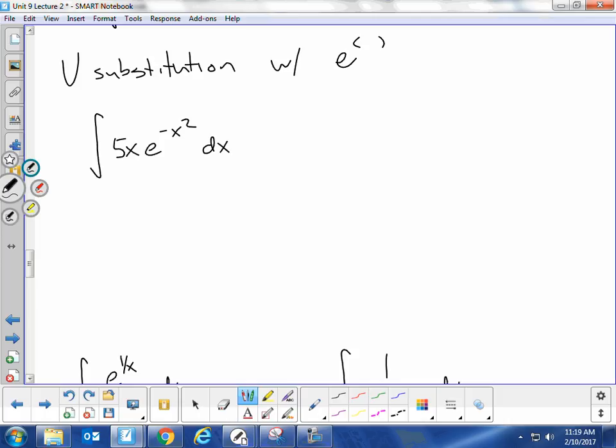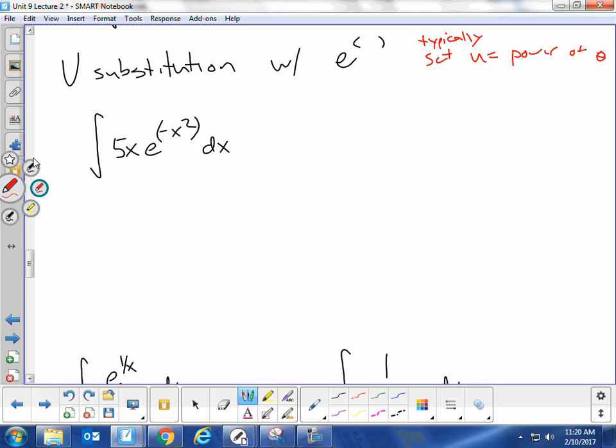If I see something being multiplied by e to a power, and I notice that the derivative of the power is a version of whatever's being multiplied by e to the power, I should be thinking U-substitution, set u equal to the power of e, typically. That is the composition. That's e to the power. The power is the composition. Now, this is typically, not always.